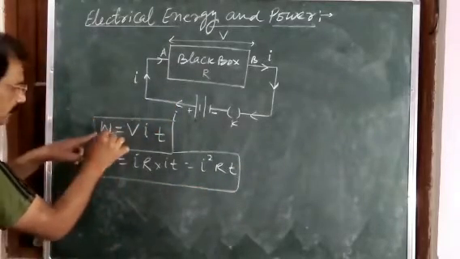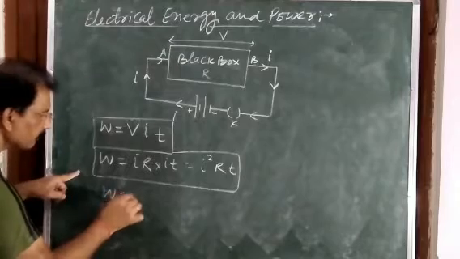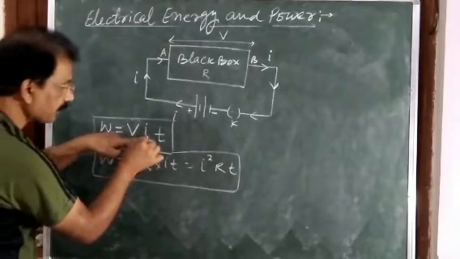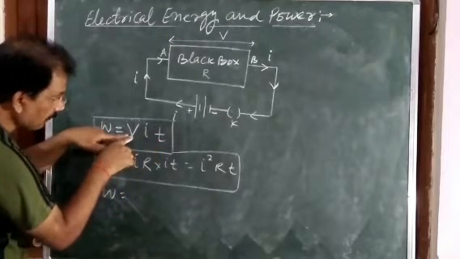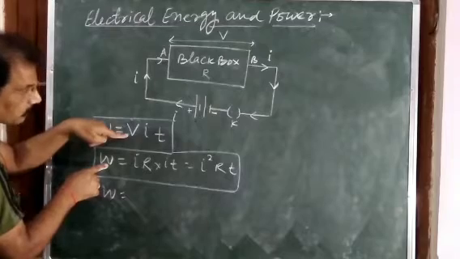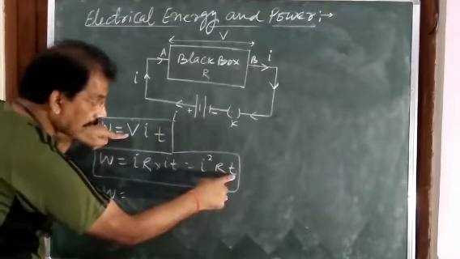Also, you can write W is equal to, if V is equal to IR, then I is equal to V by R. So in place of V, when you write IR, the electrical energy through that resistor you will get is I square RT.